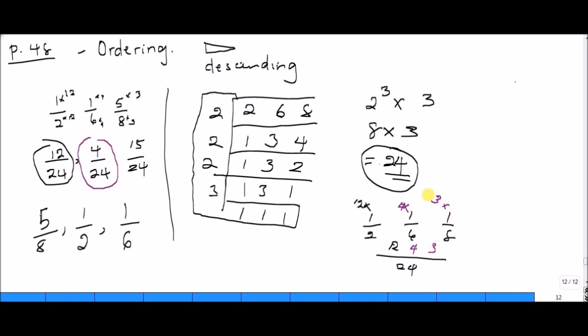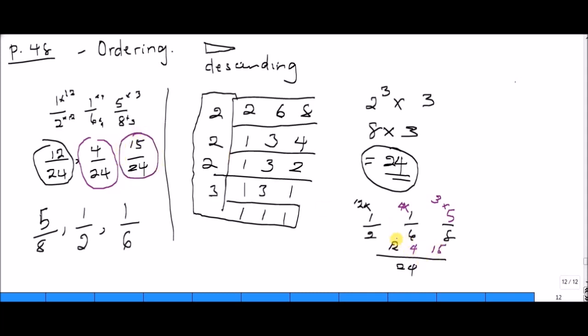No, I have something wrong here. This is not 1/8, it's actually 5/8. So 3 fives will give us 15. Right. So it would have been 15, which would be the same here.